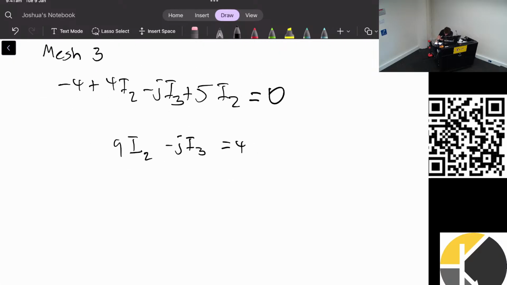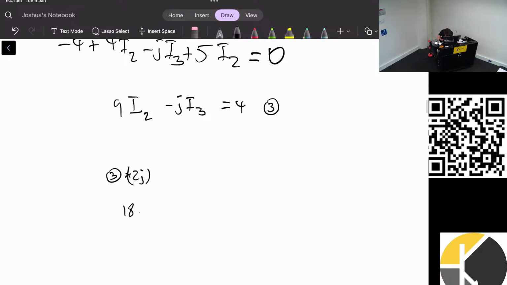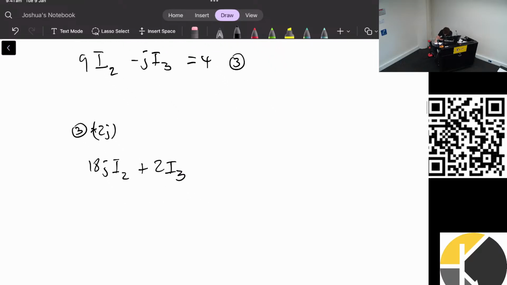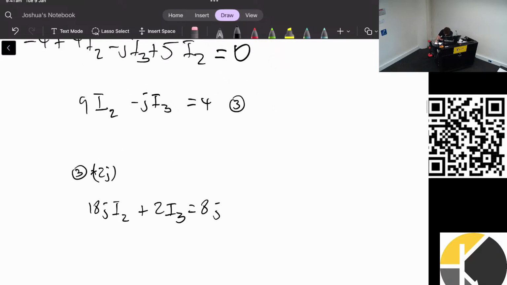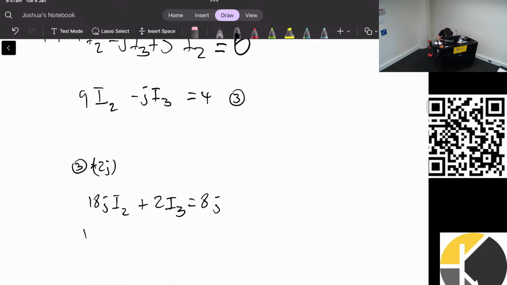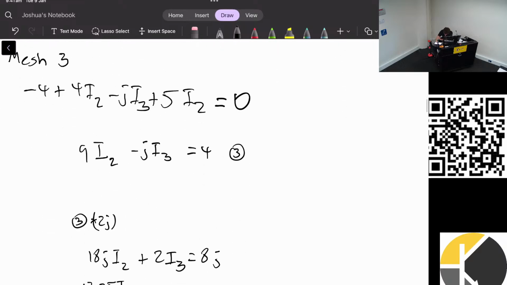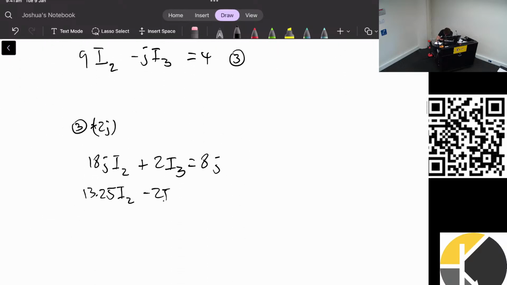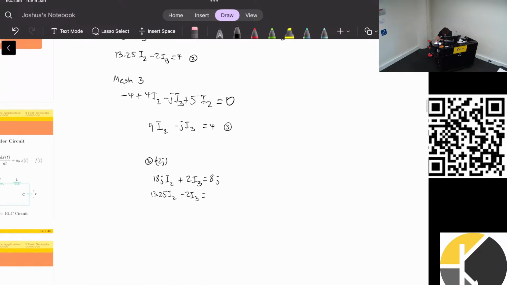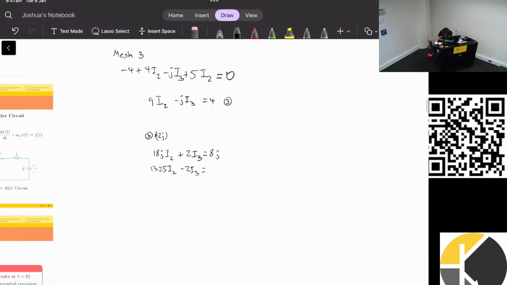I'm going to multiply everything in this equation by 2j, and we're going to get 18j I2 plus 2I3 equals 8j, and let's write down our other equation, 13.25 I2 minus 2I3 is equal to 4.